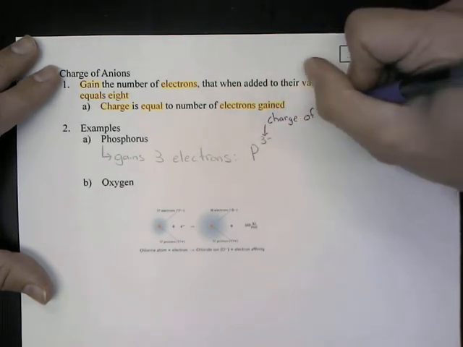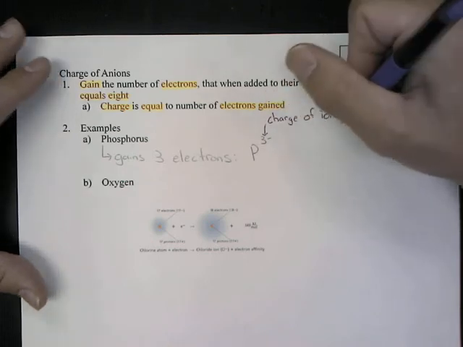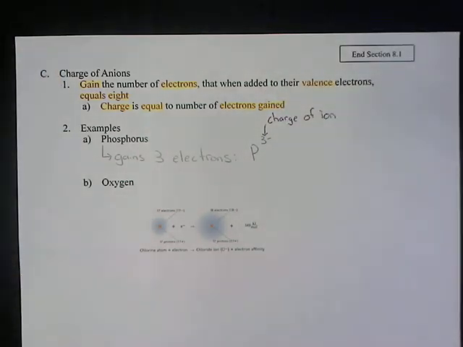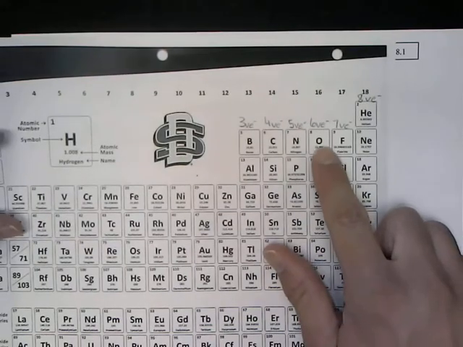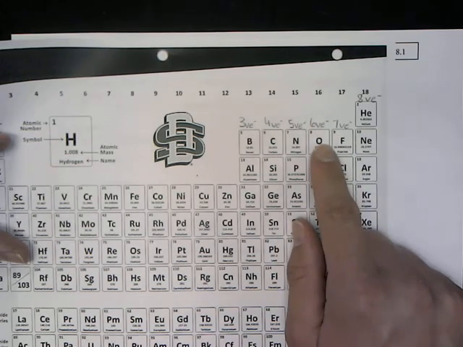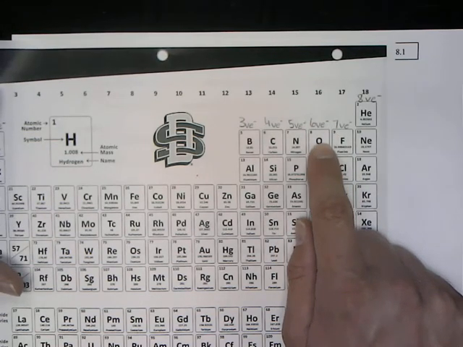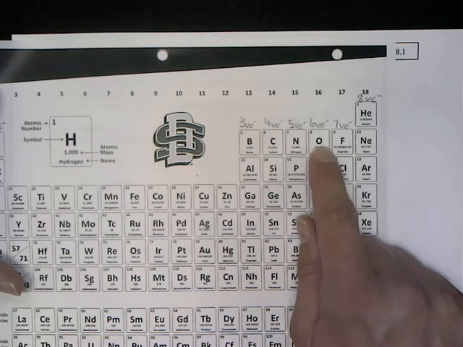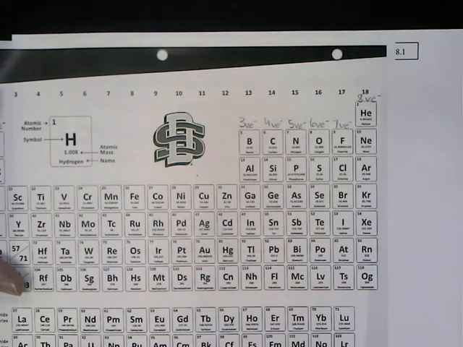That's the charge of the ion. Now, oxygen, we're going to try this in a similar way. Oxygen's here at the group with 6 valence electrons, and we ask ourselves, okay, do we want to gain 2 electrons or lose 6 electrons to get to 8? Well, the answer is, hey, let's gain 2. Let's make life easy.